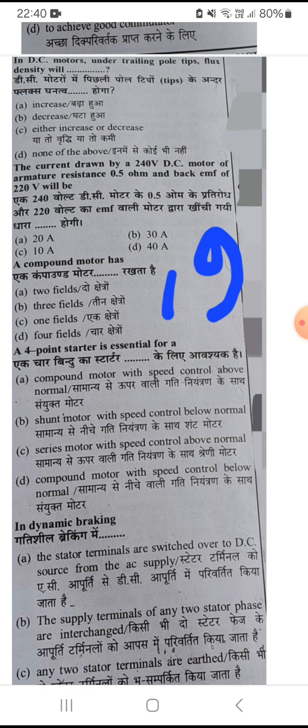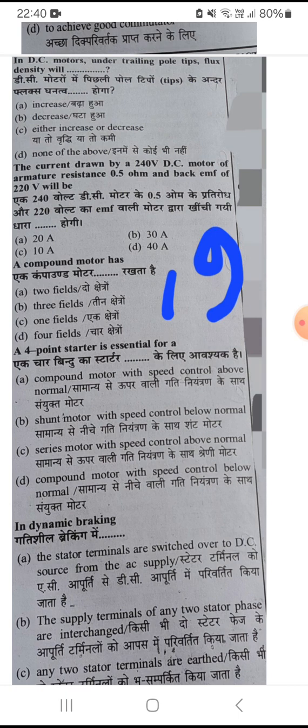So we know that for a DC shunt generator, Eb is equal to V plus IaRa, and for a DC shunt motor, Eb is equal to V minus IaRa, so 220 equals 240 minus Ia into 0.5, so that Ia is equal to 40 ampere is the right answer.